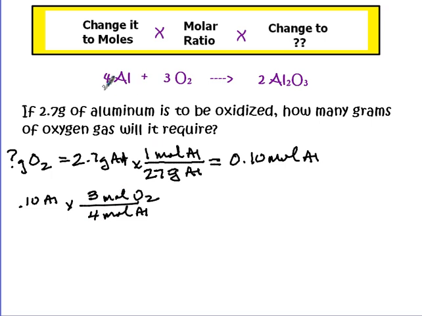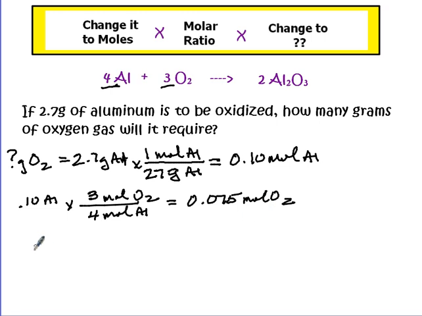Again, don't know where these numbers came from? Right there they are. So now that I've set up that molar ratio, I run that through my calculator, and I get 0.075 moles of oxygen.